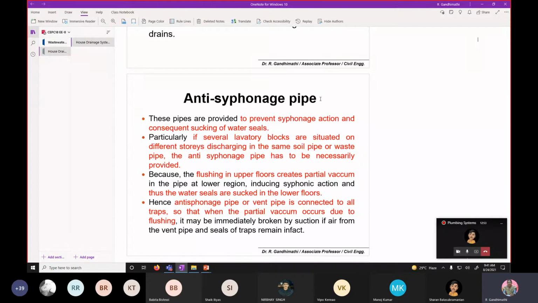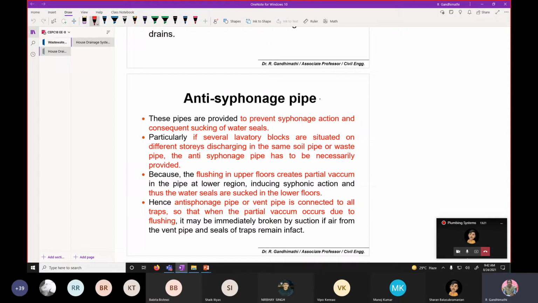For example, flushing in upper floors creates a partial vacuum in the pipe at the lower region, which automatically induces siphonic action and affects the water seals in the traps in the lower floors. Therefore, in order to take care of the water seal in the lower floors, the soil pipe should be connected with the vent pipe, or we can call it an anti-siphonage pipe, to the traps.